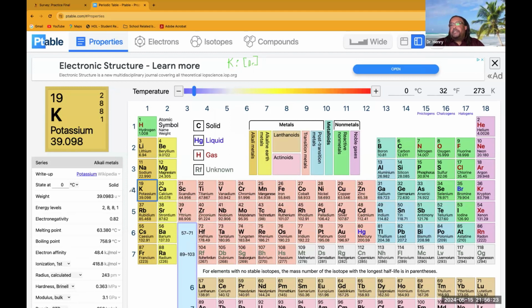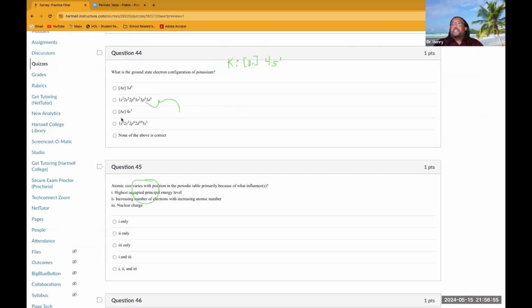And then here's potassium. What period are we in? The fourth period. This should be an s. That's right. And there's only one electron that's going to be there since we're at that first spot. So it should be [Ar] 4s1.